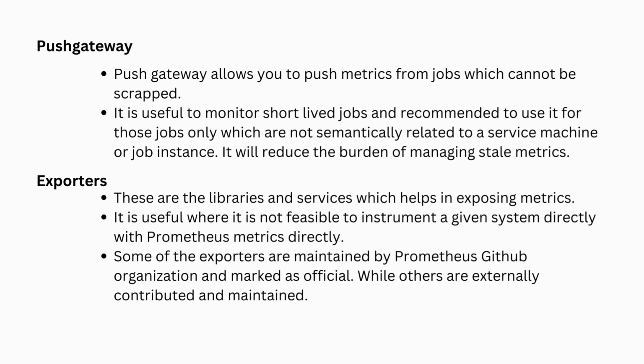If your job has a particular instance IP or job instance ID in the key-value pairs or in the labels, it will create stale entries in your push gateway, because every time a job comes up a new series will be created. So you will have to manually clean those series in the push gateway. This is why it is recommended to use this only for those jobs which do not have any unique identifier. So these should be the common labels which your job should have.